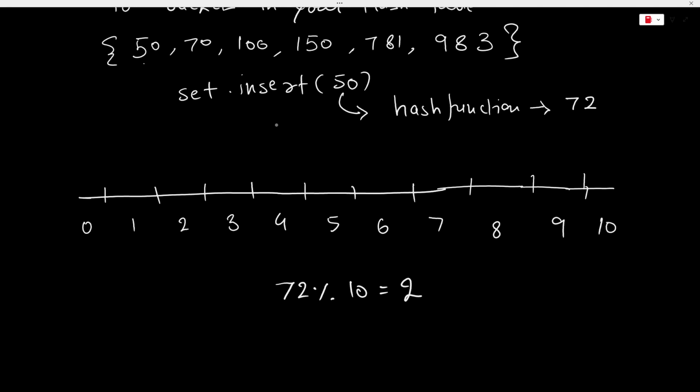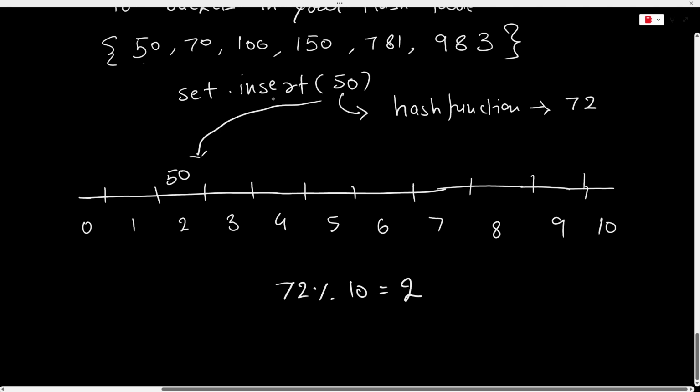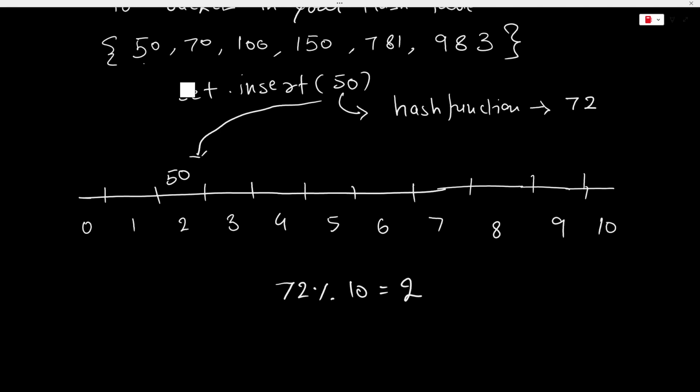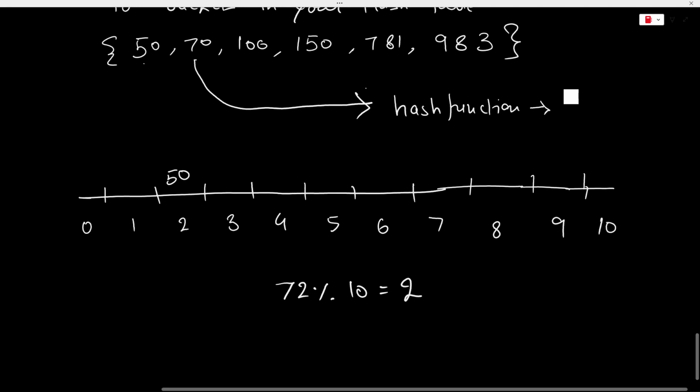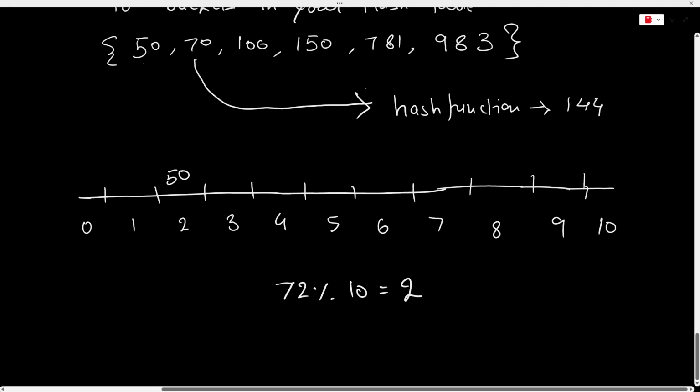So this 50 will come here. Now if we insert 70 into a set, it will again go through the hash function, and let's say we get a different value, 144, and 144 mod 10 is 4, so our 70 will go here.